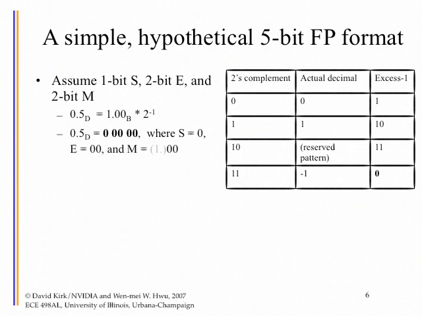So I will have 0, 0 for my exponent, and 0, 0 also for my mantissa, and I will have 0 for my sign, and I have a 5-bit pattern for my floating point. So by this point, it should be very easy for you to figure out, for any given arbitrary number of exponents you want, arbitrary number of mantissa you want, you will be able to derive all the values that you can represent. Okay? So we're going to work through that just a little bit.